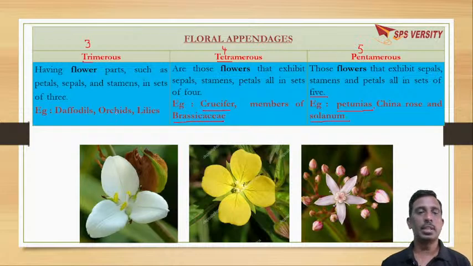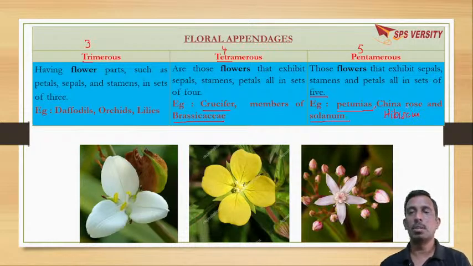Trimerous is seen in daffodils, orchids, lilies. Tetramerous is seen in crucifers, that is Brassicaceae members. And pentamerous: petunia, China rose, meaning hibiscus, and solanum. These all come under the pentamerous condition.